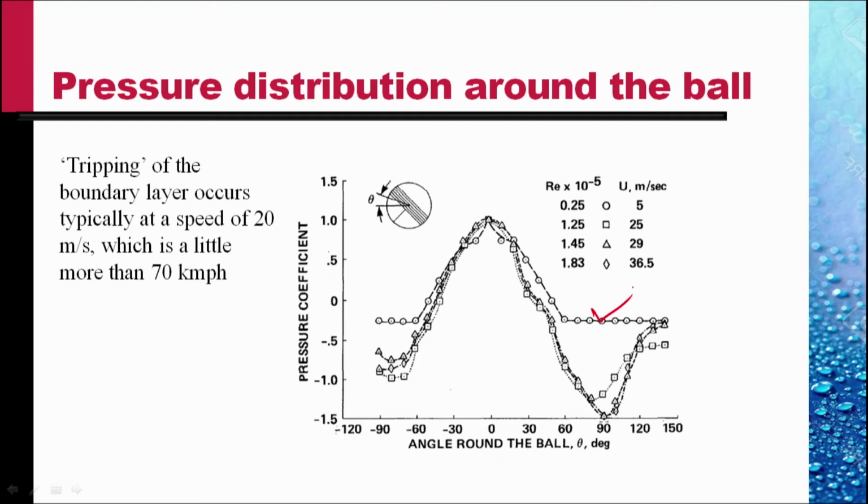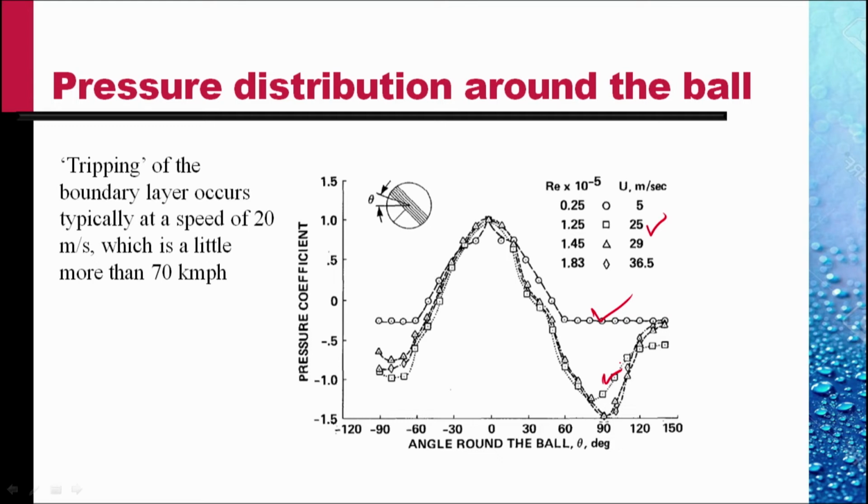As you increase the velocity 5-fold to about 25 meters per second, the swing force is there. For higher velocities, 29 meters per second or 36.5 meters per second, the pressure distributions are same.